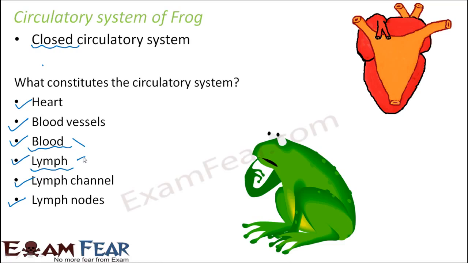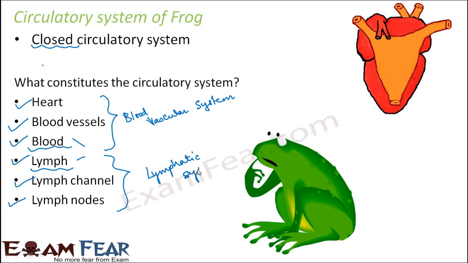But in case of organisms where we have closed circulatory system, both form separate systems. So heart, blood vessels and blood, these three things together will form the blood vascular system. Whereas the lymph channel and lymph nodes together will form the lymphatic system.